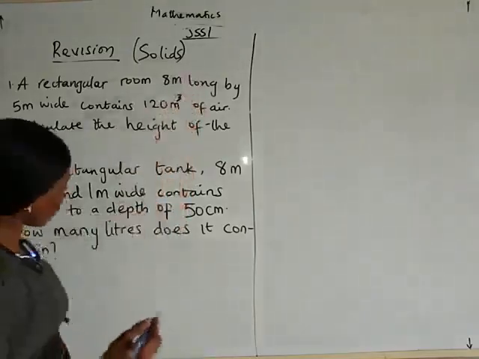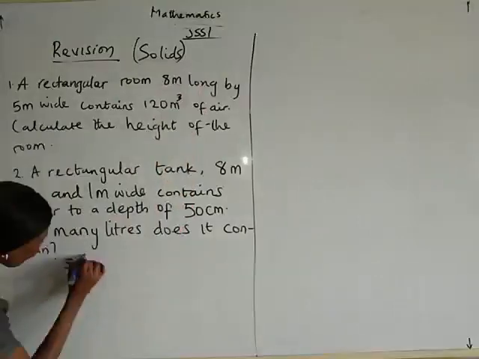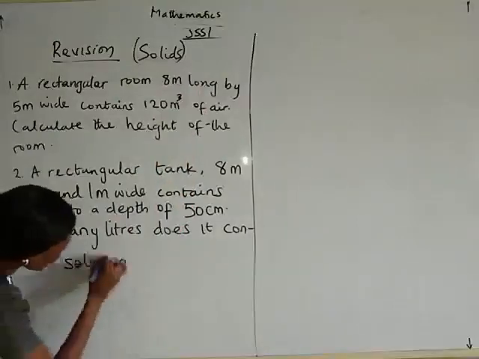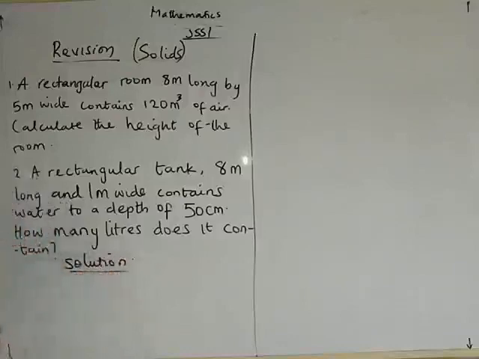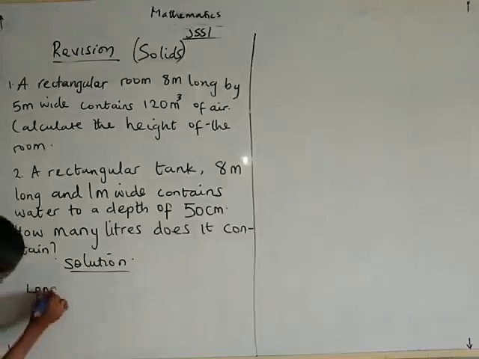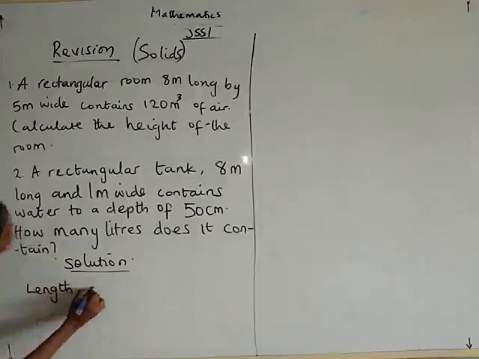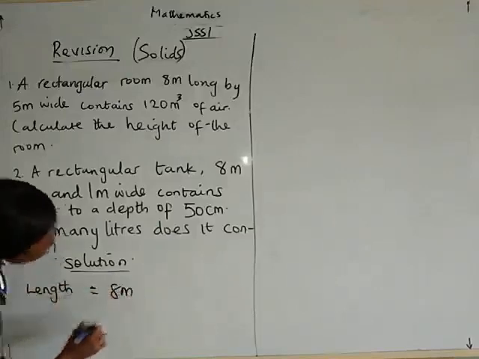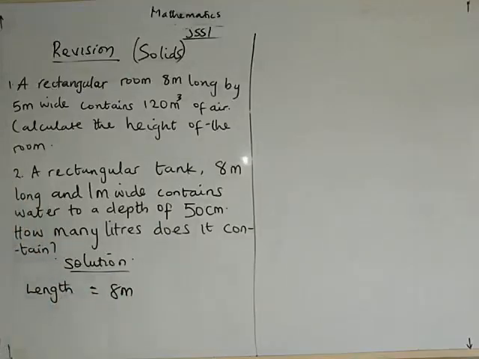This is our solution to question 1. Are we listening? Let's write out our parameters. The first one is the length, which is 8 meters, and the width is 5 meters.